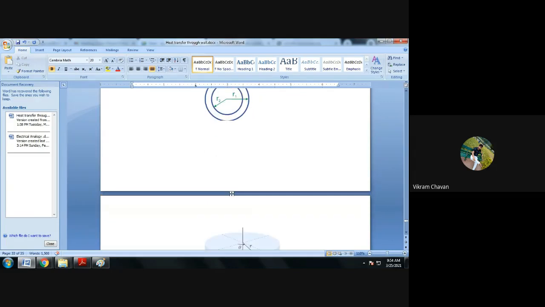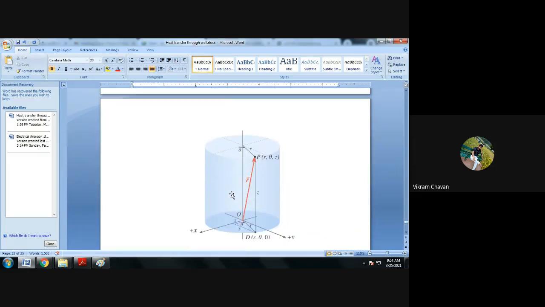Now, for the understanding purpose, we have discussed how to locate any point in a cylinder by using the cylindrical coordinate system. The cylindrical coordinate system has the coordinates r, phi, and z. Now, what is the significance of these three coordinates? First is r.